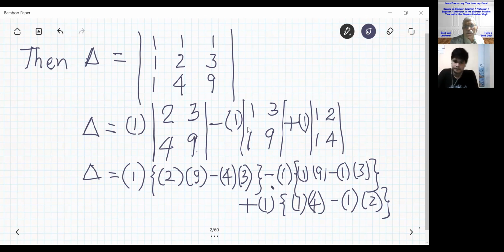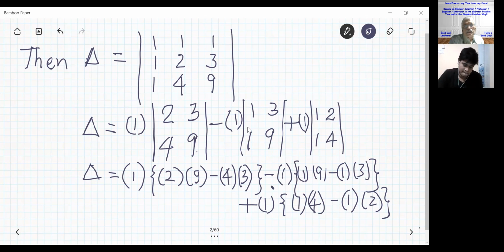Now minus 1 you write, then the determinant with 1, 3, 9. So for the principal diagonal, if you multiply 1 into 9, we get it here. Then subtract the product of numbers on the secondary diagonal. That is 1 into 3. So minus 1 into 3 will come. Then plus 1 into the third determinant, which is 1, 1, 1, 2, 4, if you write column wise.